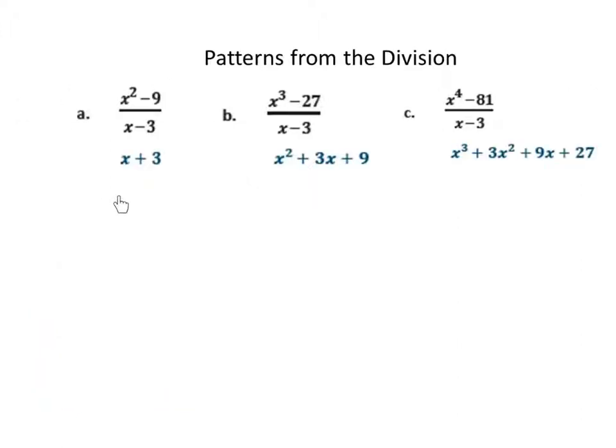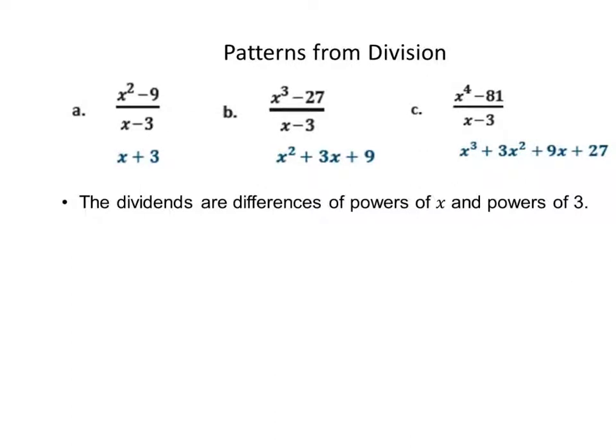In the same way, if you go ahead and divide this using long division or this reverse tabular method, you will get this quotient, x plus 3. This is the one that I just showed the screen briefly. And if you do the same thing for x to the 4th minus 81 divided by x minus 3, you will also get this polynomial quotient.